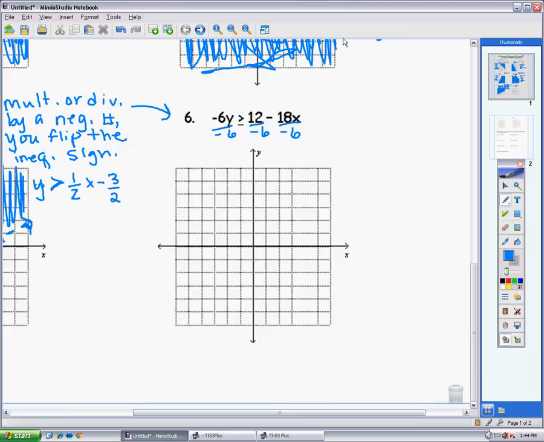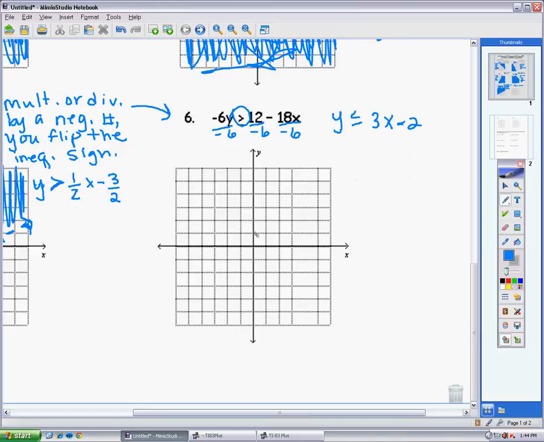So that means I need to switch or flip my sign around. So that gives me y is less than or equal to, and I'm also going to take my x term and put it first. So -18 divided by -6 is positive 3x, and then 12 divided by -6 is -2. So my equation becomes y is less than or equal to 3x minus 2.